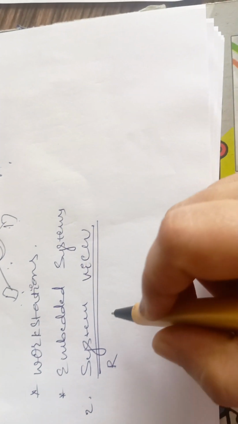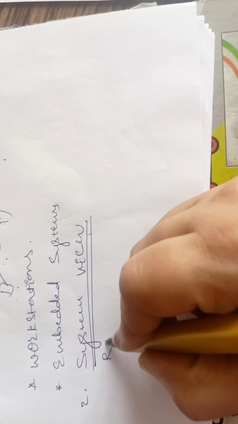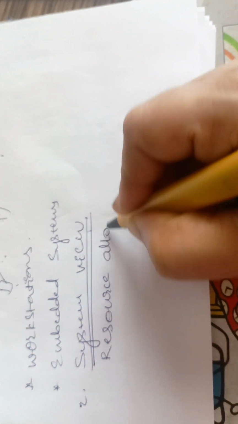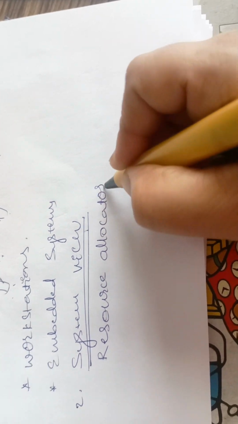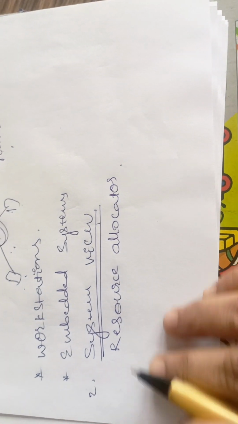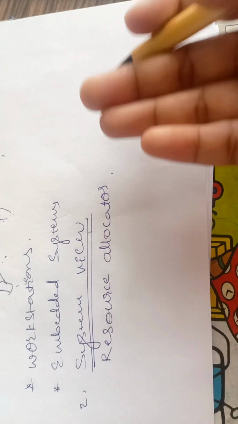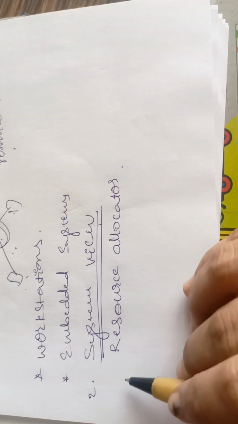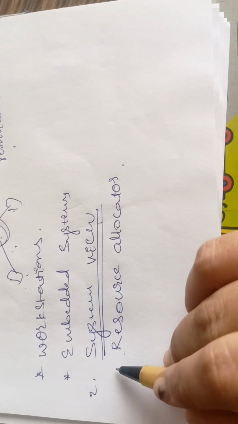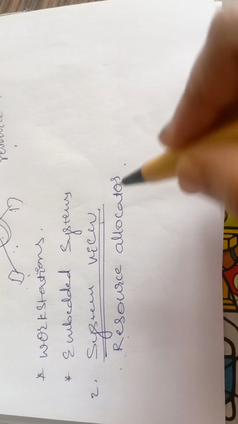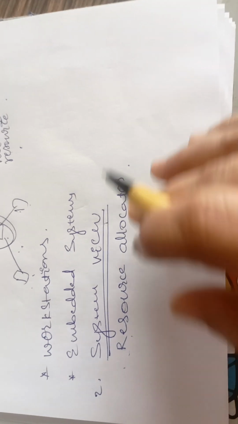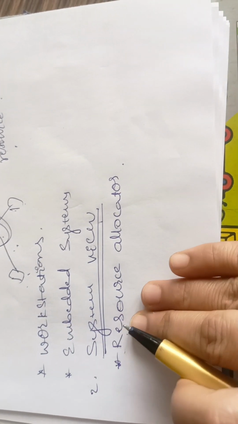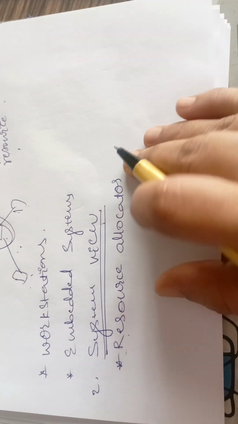So according to the system view, it should be a good resource allocator, for files or any input output device or memory, anything. It should make resources available to the processor.